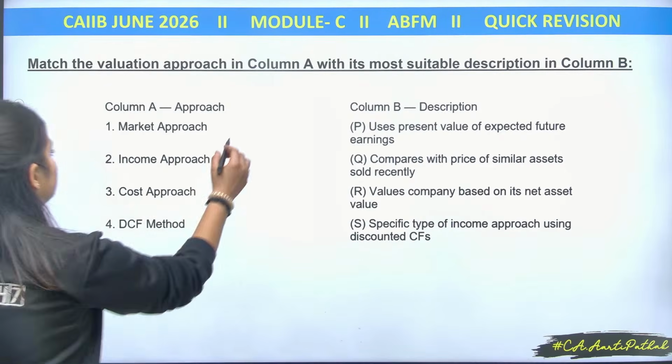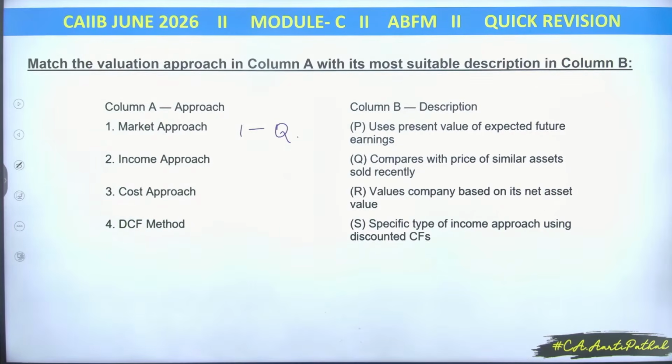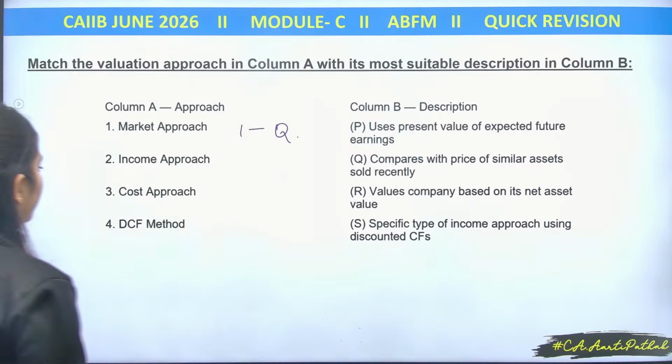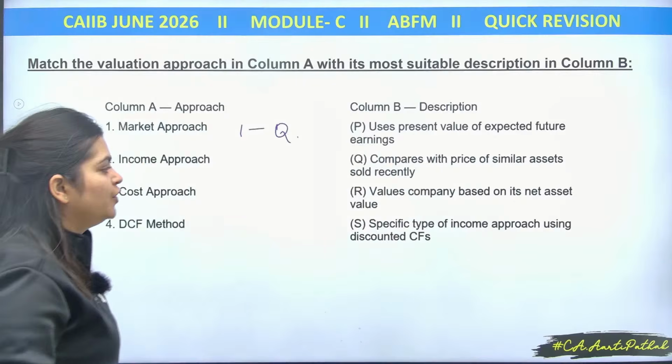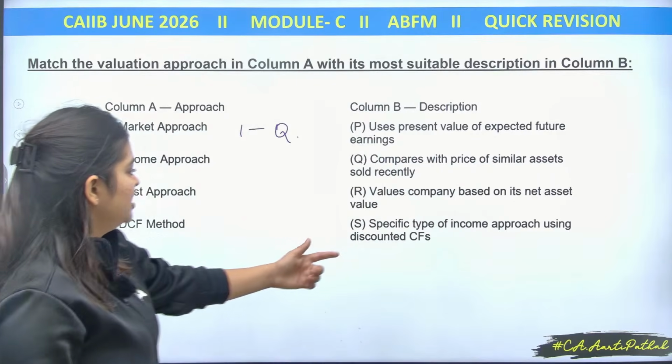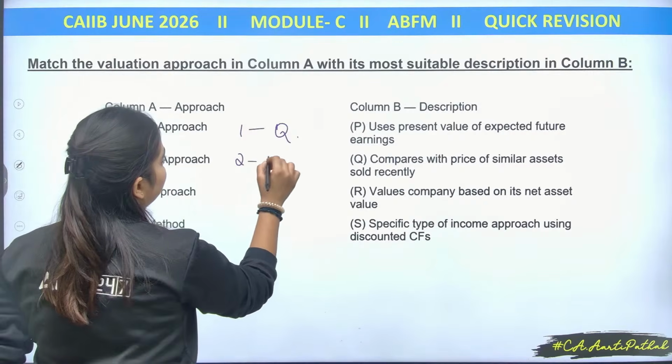So first, that is Q. Then next, income approach uses the present value of expected future earnings. We have one more option, a specific type of income approach using discounted cash flows, so for the income approach we have option 1 only, that is P.